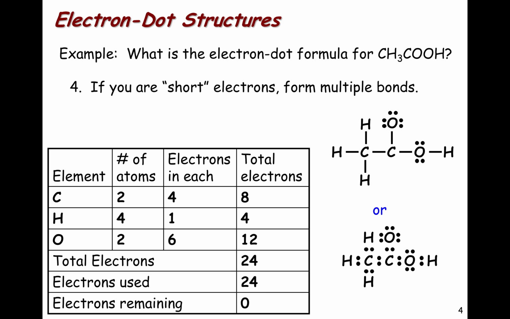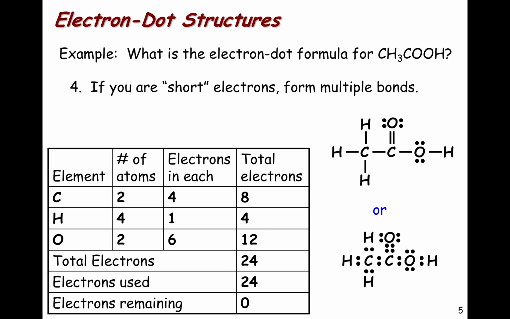So if we go ahead and form a multiple bond, we have a choice of how to make this multiple bond. If we use the oxygen that doesn't have the hydrogen on it, we can convert one of those non-bonding pairs of electrons, or lone pairs, into a shared pair of electrons.